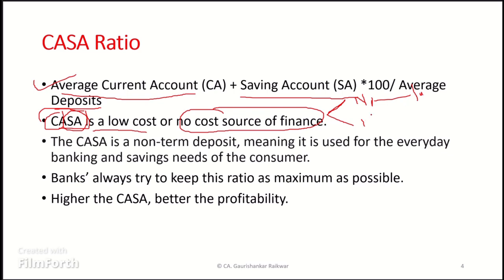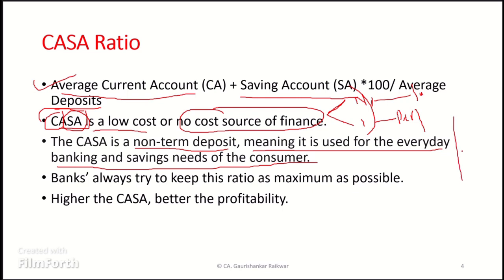Further, these deposits are perpetual, because once the account is opened, the individual continues with this account for a certain period, because they establish their relationship with the bank. The CASA is a non-term deposit, meaning it is used for everyday banking and saving needs of the customer. Because it is not a term deposit, it is payable on demand.